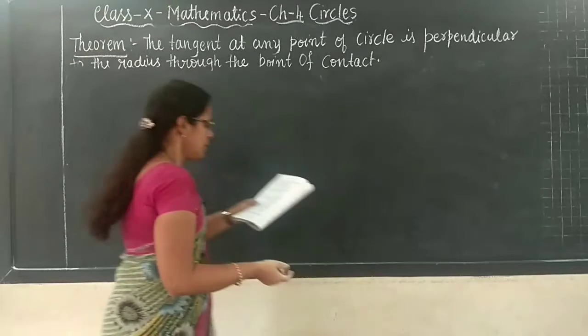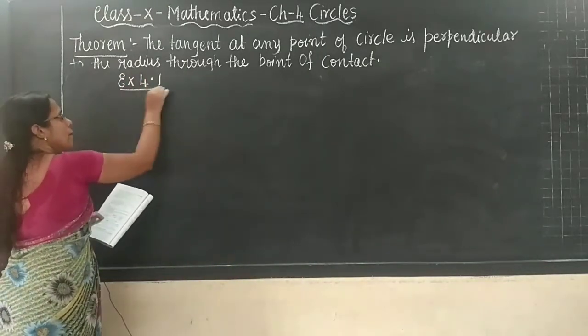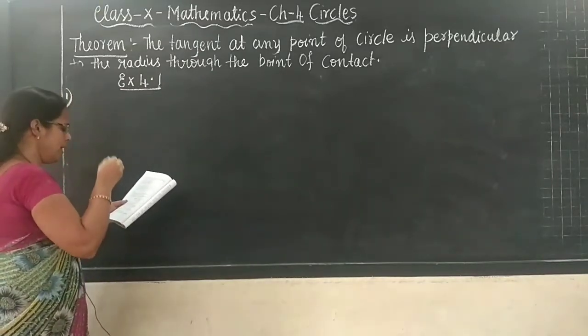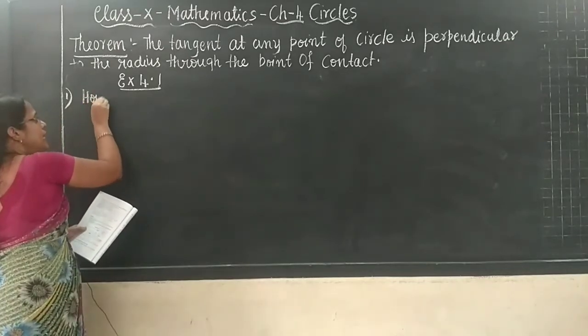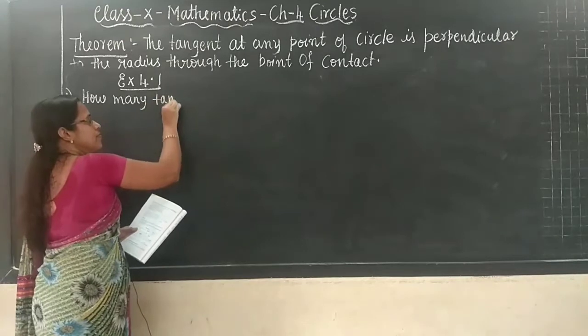Now, first question: how many tangents can a circle have?